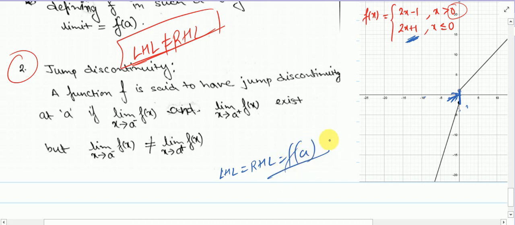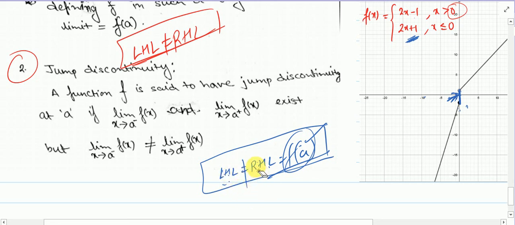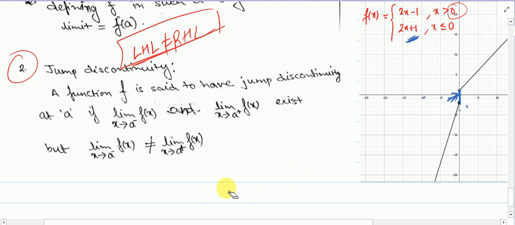If you could show this, then the function is continuous at a, otherwise discontinuous. For removal, your left hand and right hand limit will be equal, but the functional value will not be equal. And for jump, your left hand limit and right hand limit are not equal. So mainly you have to remember these things. I thought of explaining with the help of a graph so that things will be more clear to you. We shall do questions in the next class.